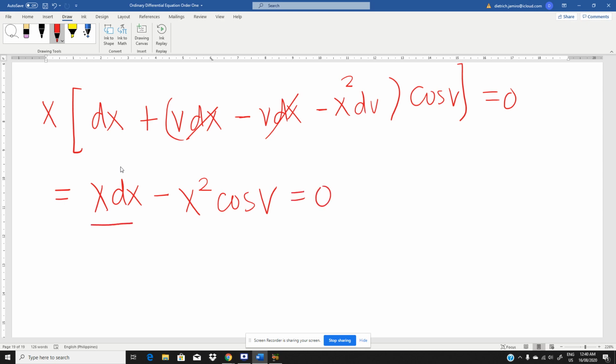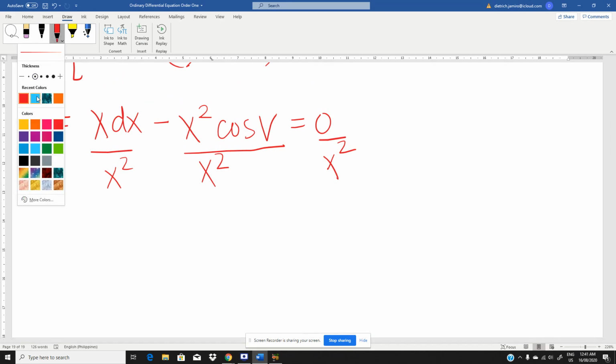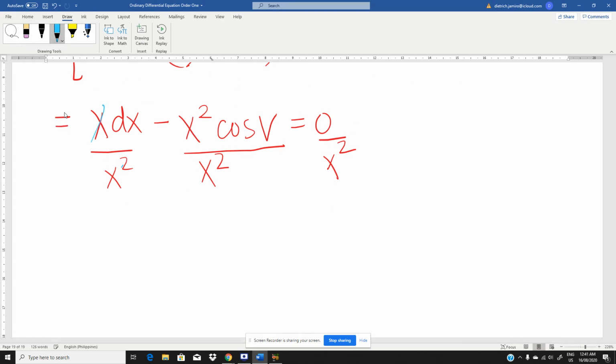So dividing both sides of the equation by x squared, on this one x will cancel out, and then this one will cancel out, so we will have dx over x minus cosine of v dv is equal to 0.